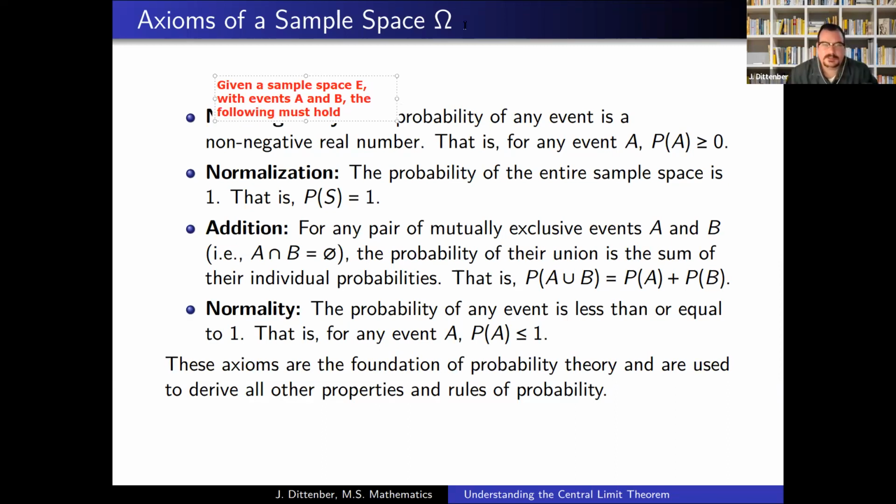So these are the axioms. The probability of any event in the sample space E must be greater than or equal to 0. It's possible for it to be 0, although it's usually not happening. You can get things that are very close to 0, typically.